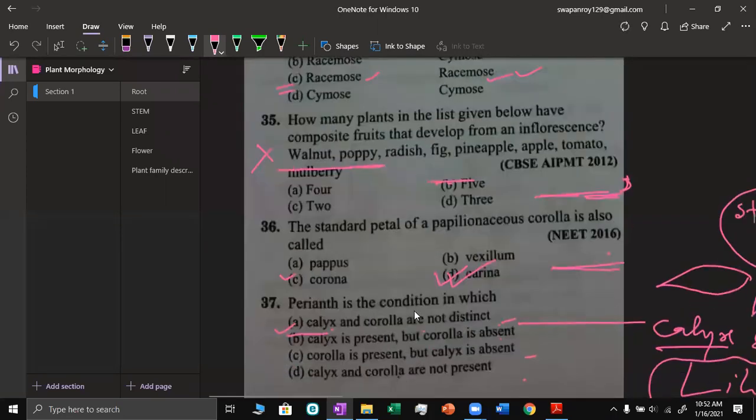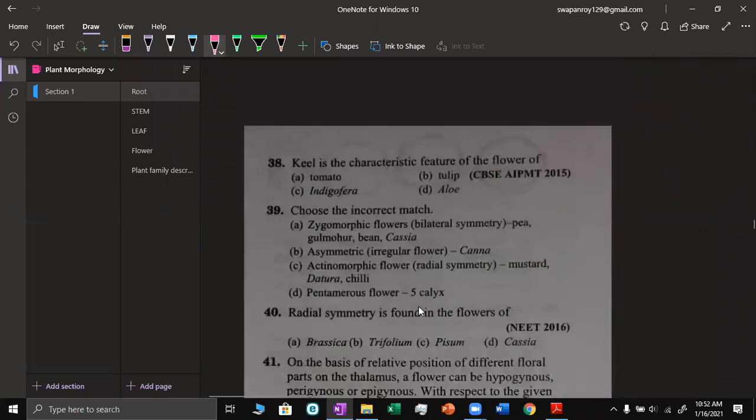Next, this one we didn't do. The keel is a characteristic feature of the flower of which plant? Options: flower of tomato, tulip, Indigofera, and Aloe.